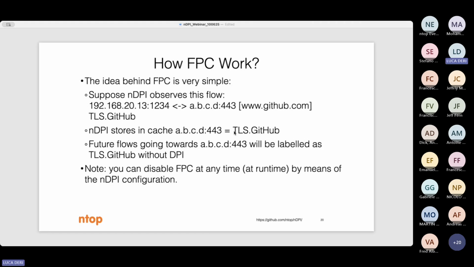Therefore, if you enable FPC, because this is a feature that you can enable or disable at runtime, nDPI will not dissect the traffic: if it sees in the near future another flow towards the same IP destination and port, it will conclude that this is TLS GitHub without going deep.